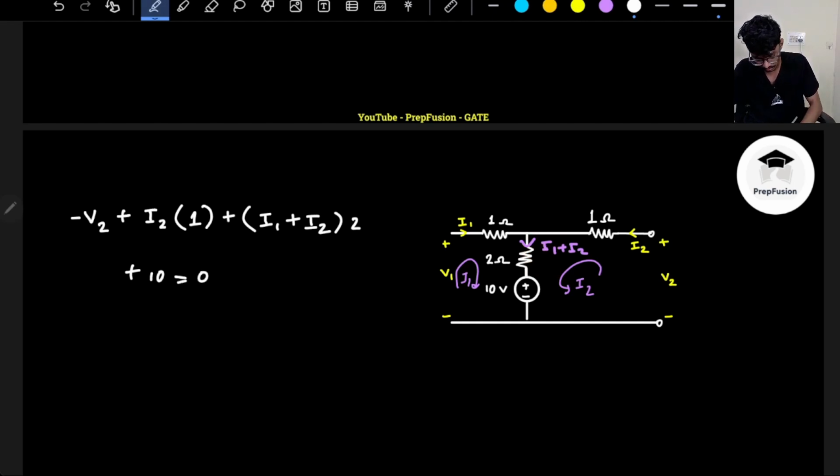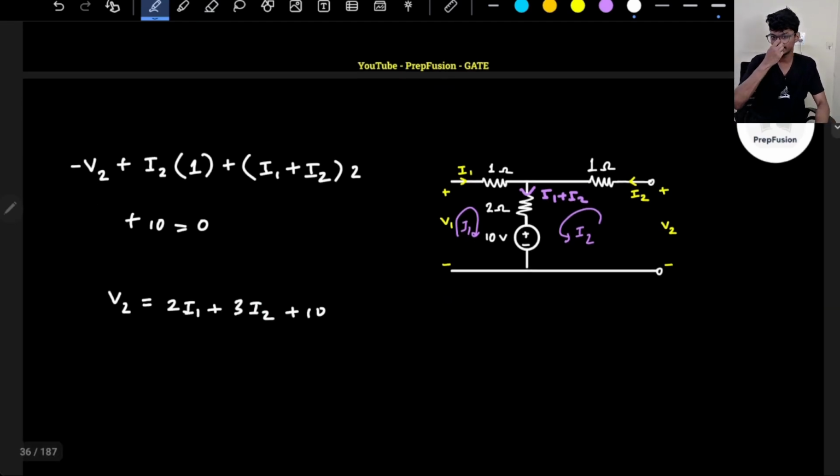So from here your V2 will be equal to 2I1 plus 3I2 plus 10 is also there.